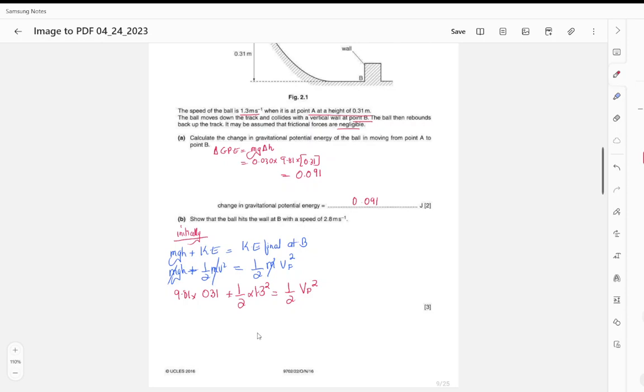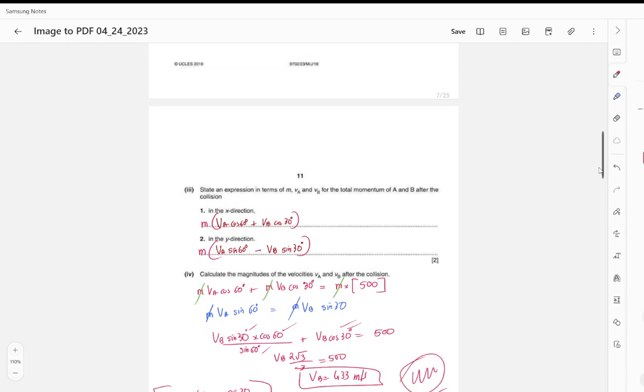This is 9.81 multiplied by 0.31 plus 1 divided by 2 multiplied by 1.3 squared, and then divided by 0.5. This gives me a value, and then we apply the root operation, and this gives me v final, which is 2.8 meters per second. So this is done. Okay, that was simple. Let's move on to the next part. Let's just scroll down.